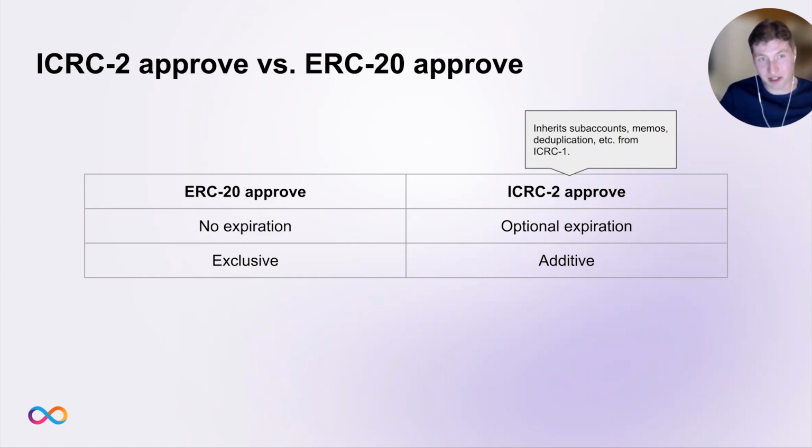So you might have many transactions flowing at the same time asynchronously. And this design with exclusive approval doesn't work well, as we will see soon in an example. So we decided to implement a different design in ICRC-2 and make approvals additive. So if you approve 100 tokens and then 200 tokens and then 100 tokens again, the total approval will be 400 tokens. They will add up as you approve more and more.